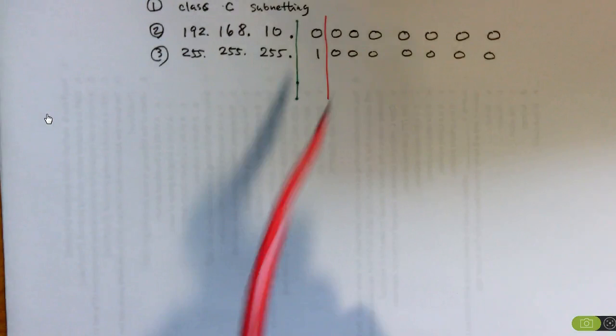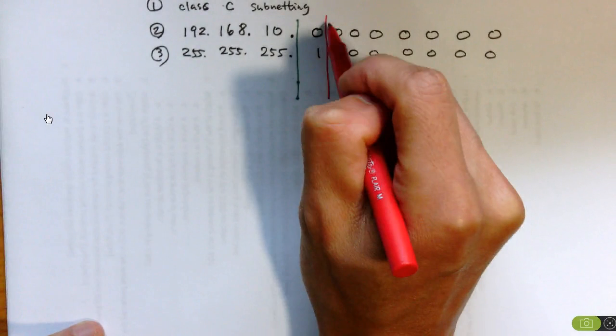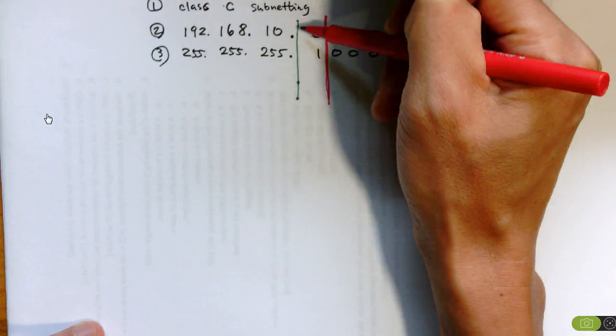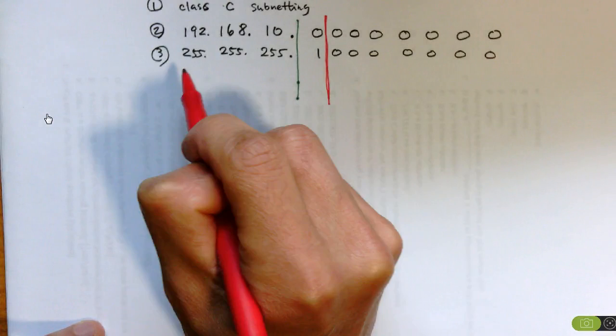If you look at this IP address, this is where my subnet mask is, and I drew the green line because this is class C. IP address is hierarchical.